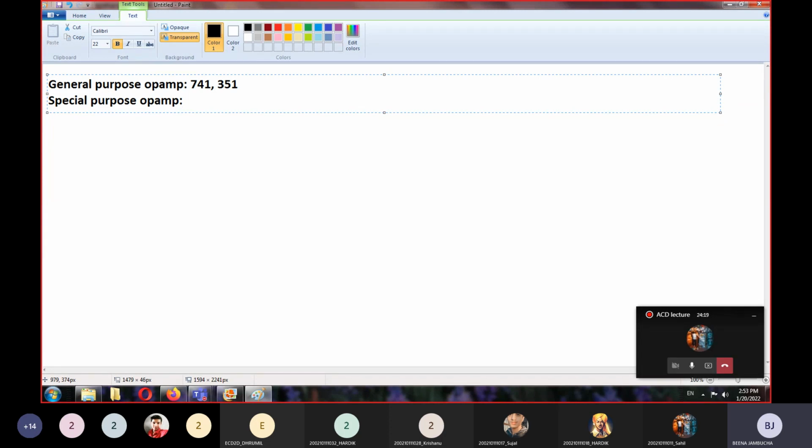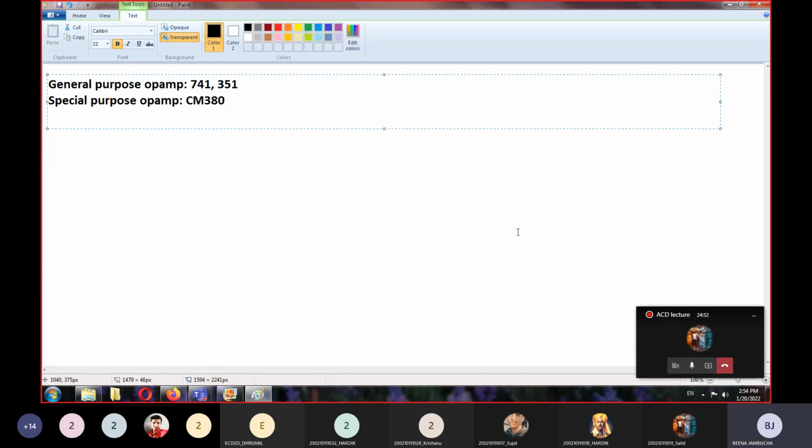One example is CM 380. Also when you are using higher voltages and power applications, you will have to use power amplifiers. A simple general purpose amplifier cannot work over there. So for that purpose you will also have to use the special purpose op-amp.